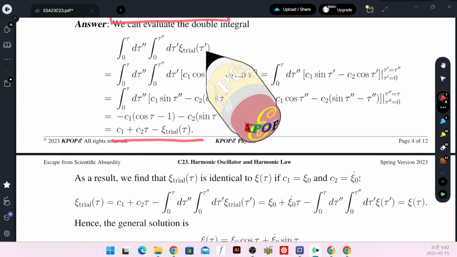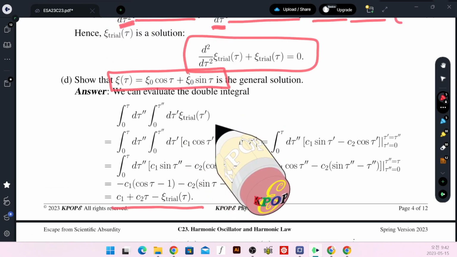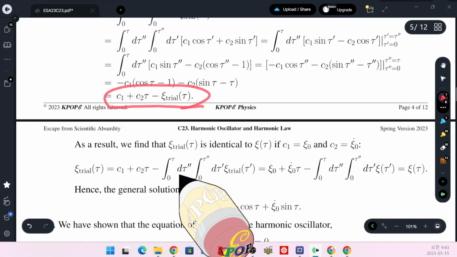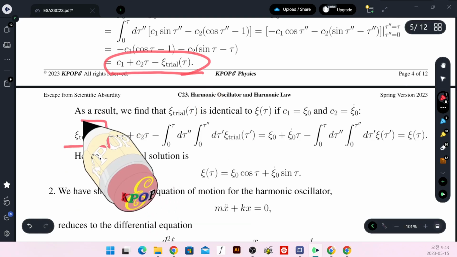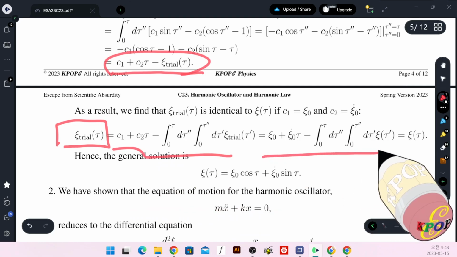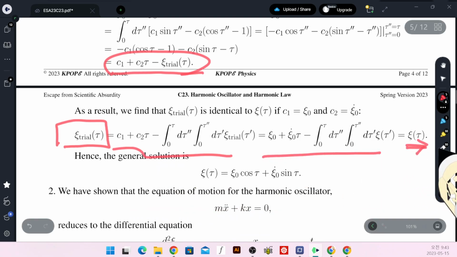The double integral of this trial solution will lead to this part. And actually, if I make use of this trial solution, it returns to the same form.